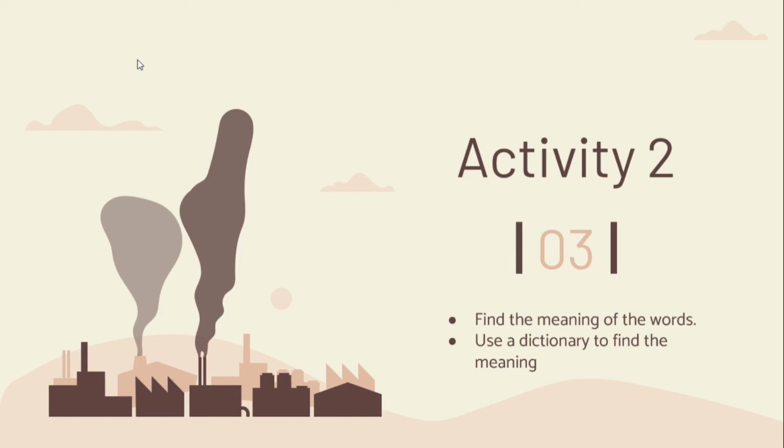In this part, you are going to do activity 2, which is find the meaning of the words. The words are given to you and you need to use a dictionary to find the meaning. You can use with the help of an online dictionary or print dictionary.